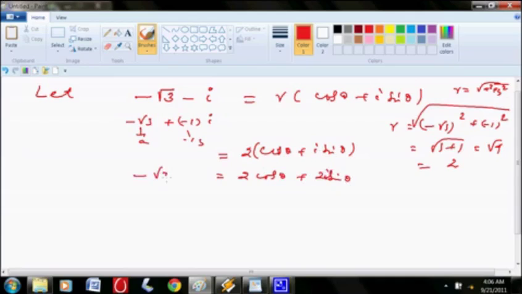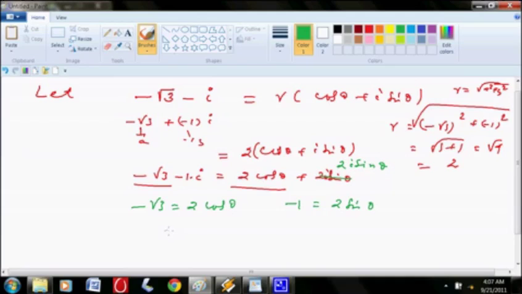And this is minus root 3 minus i. I mean, you can make 1 into i. So this is equal to this, comparing the terms. So minus root 3 is 2 cos theta and minus 1 is 2 sin theta. Take care, this is 2i sin theta.